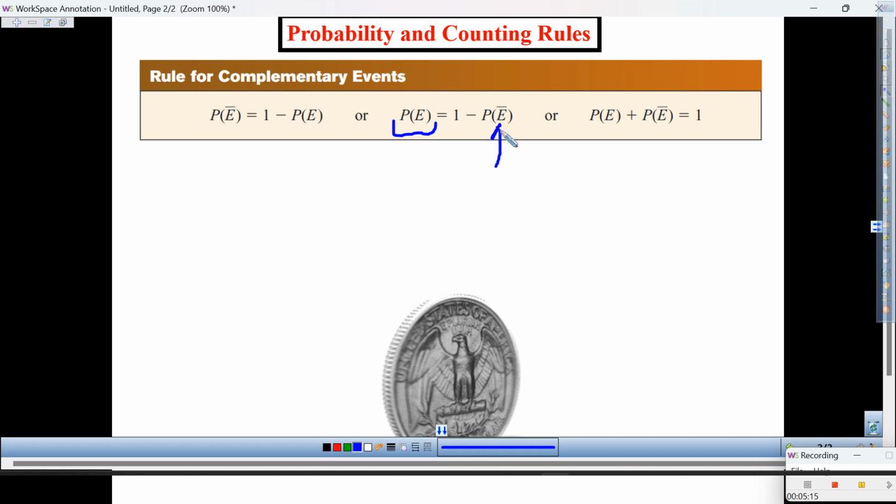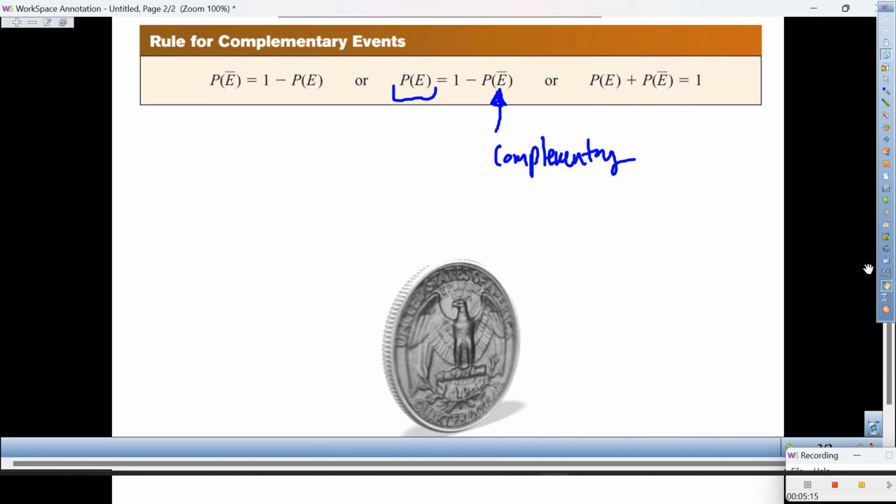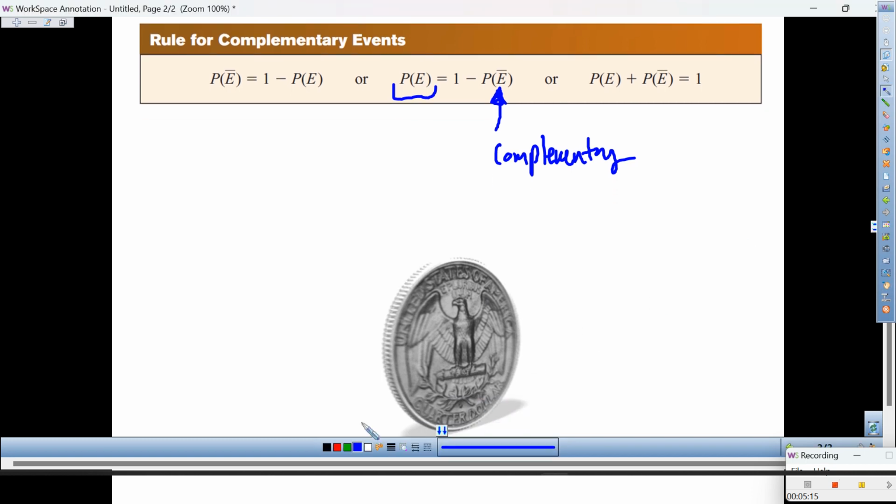The E with a bar is known as complementary. This is probably one of the simplest ones I've seen, aside from rule number 4, which is that the probability of the event is 1.